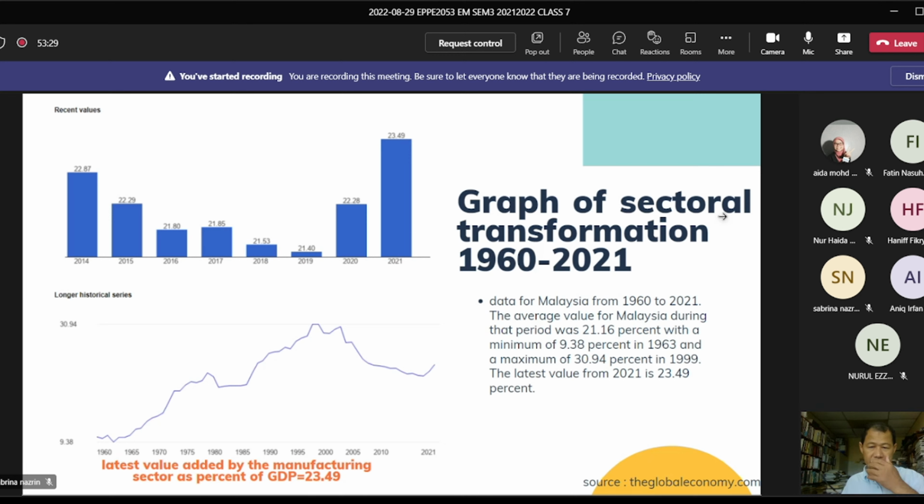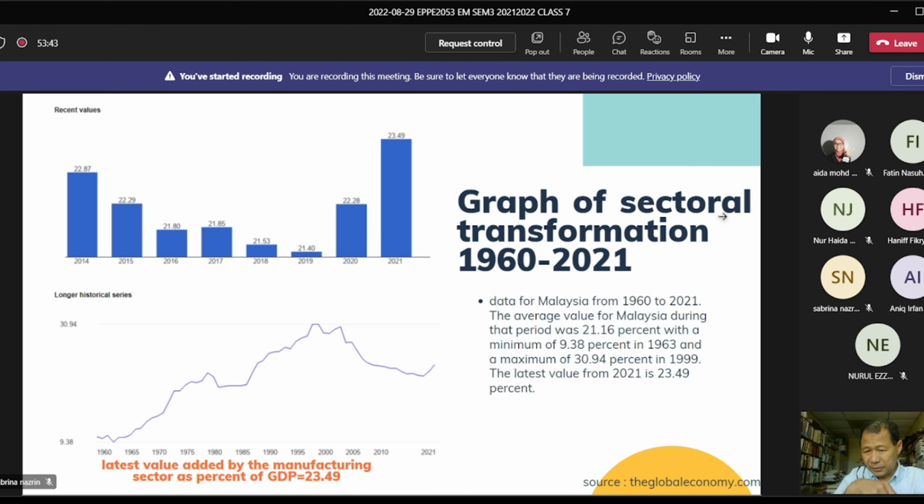So we're going to see if you do that, agriculture will be going down, services will be going higher from already high, but manufacturing was kind of going up.